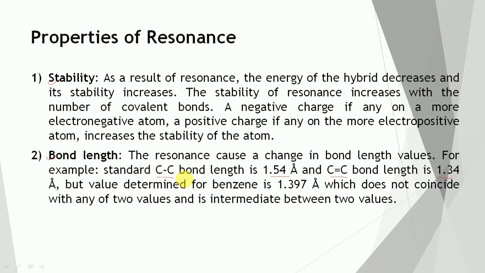In the case of benzene, the bond length determined is equal to 1.397 angstrom. So we can say that the value is intermediate between the normal carbon-carbon single bond and the carbon-carbon double bond.